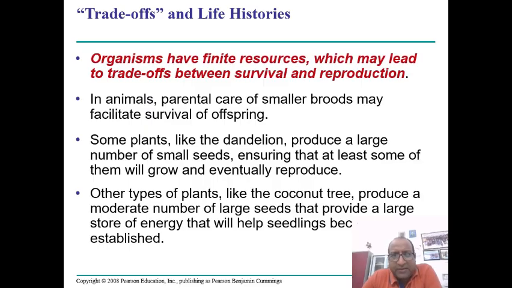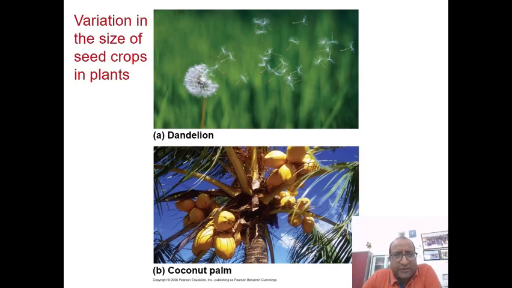So this is a kind of trade-off. There is variation in the size of seed crops in plants, like dandelion and the coconut palm. The coconut palm contains enough nutrients for the coconut fruit to develop into a new plant even after it is swept away into the seawater on the seashore for a long time.